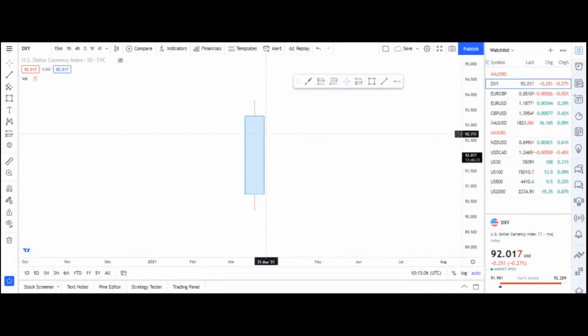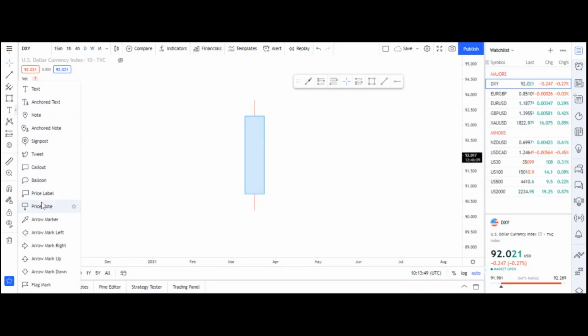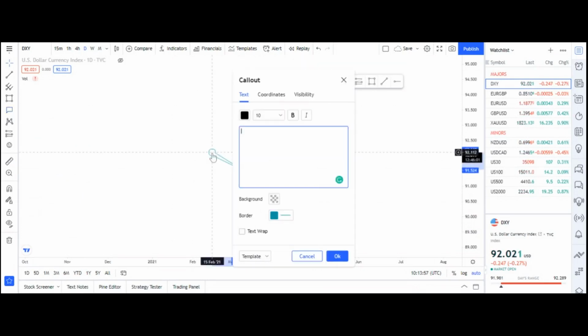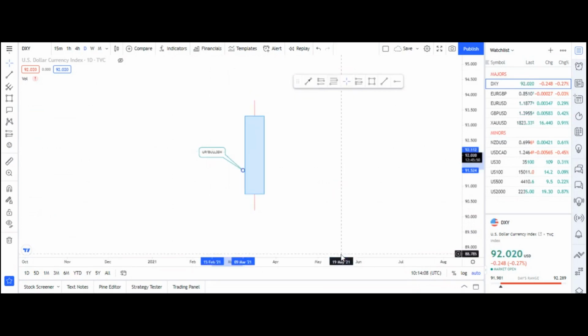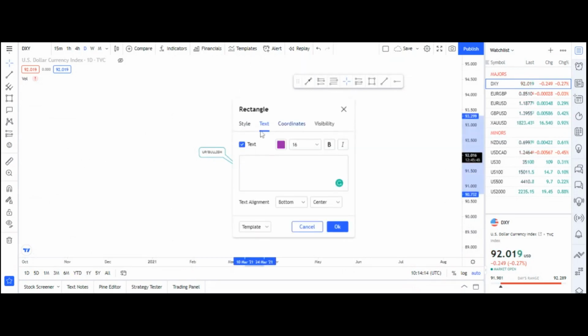Okay, so let's take this right here as a bullish candlestick. When I say the word bullish, all I mean is up. Let me make it what everybody understands it by.